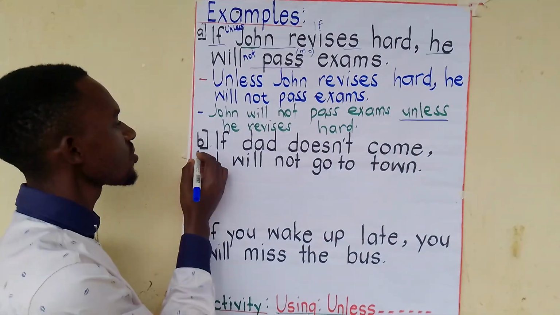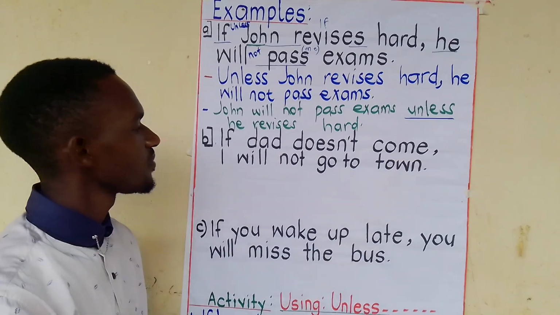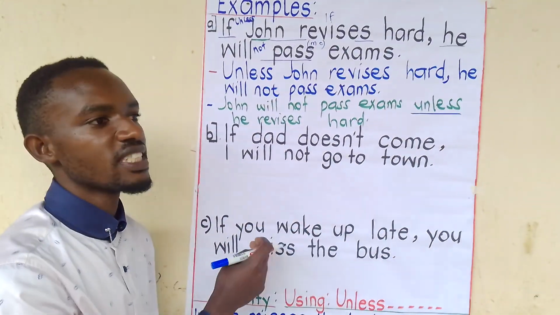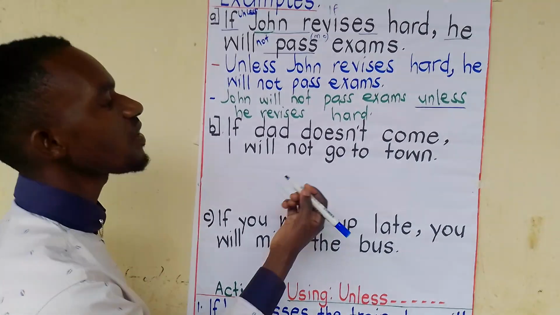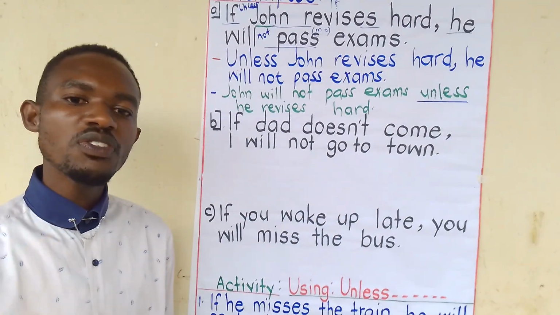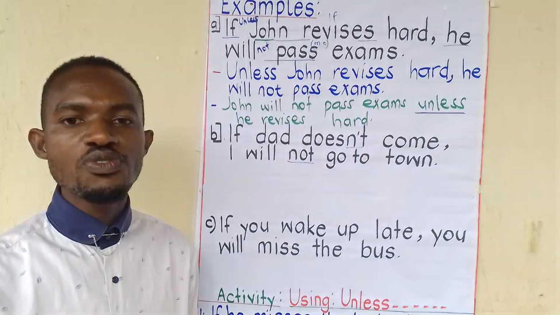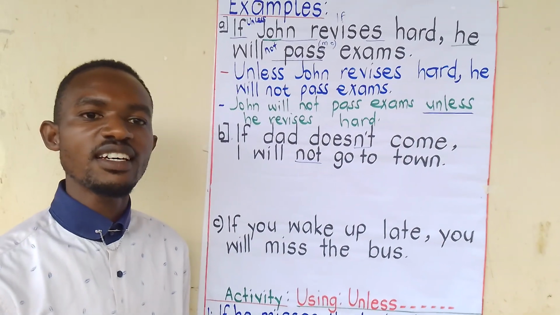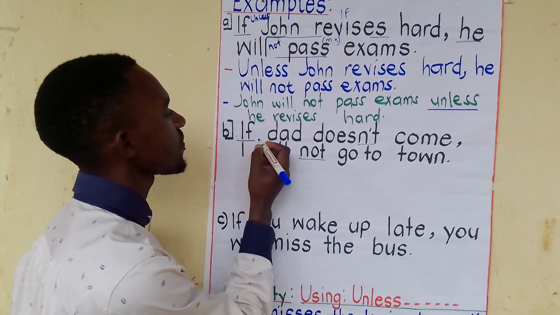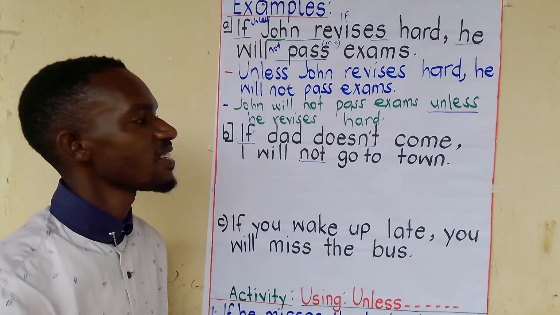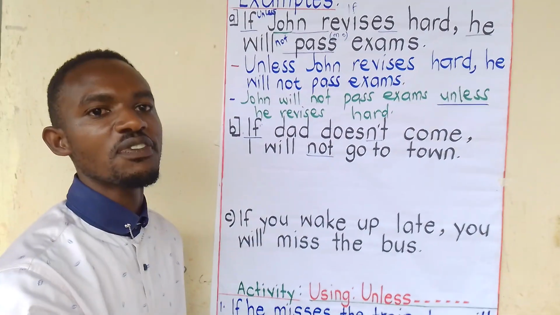Let's go to example 2. If dad doesn't come, I will not go to town. Here we have two sentences, and both of them are in negative form. What do we do when the two sentences are in negative form and we want to use unless? We first replace if with unless, and in the main clause we maintain the negative form.